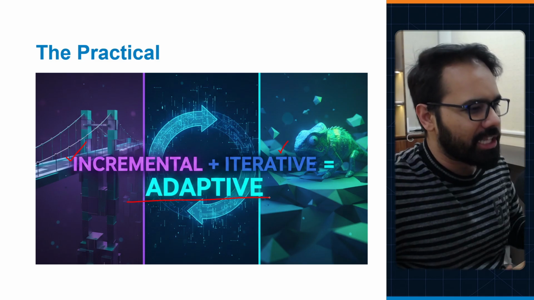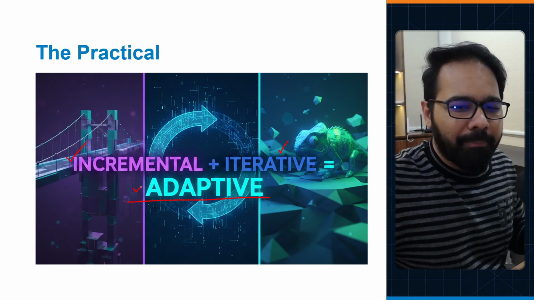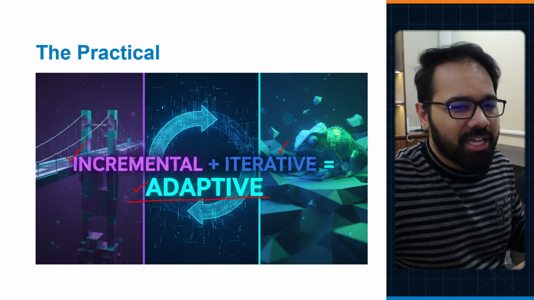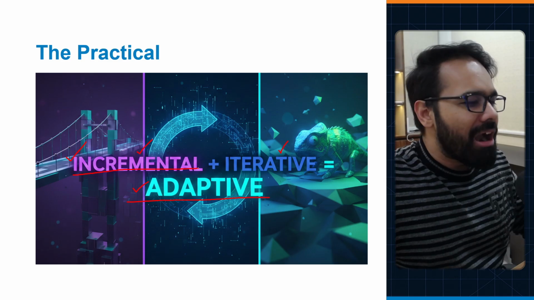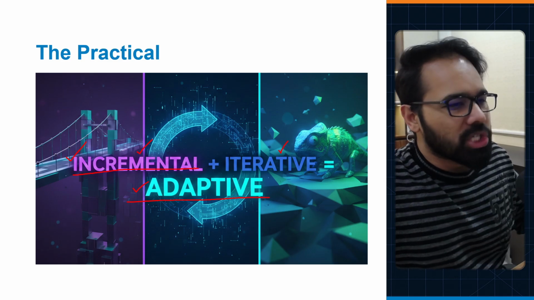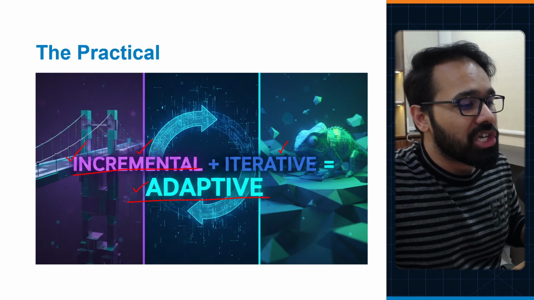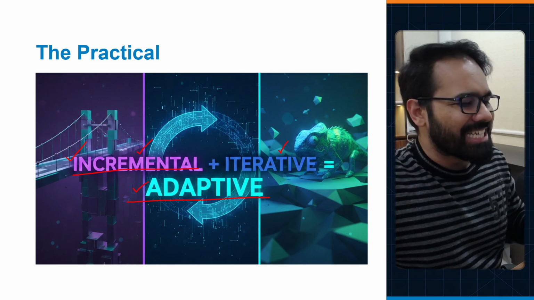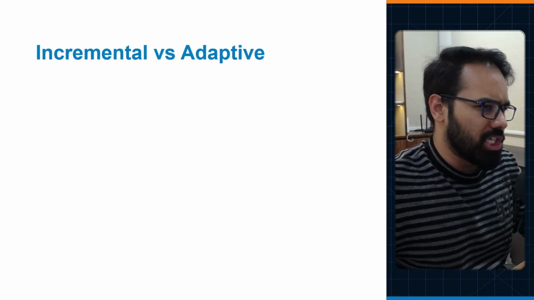Now, don't forget, the goal of this video is the difference between the adaptive approach and the incremental approach. Incremental is part of the adaptive approach itself, and we saw this from the theoretical definitions too. So let's understand this whole thing in simpler terms with analogies.